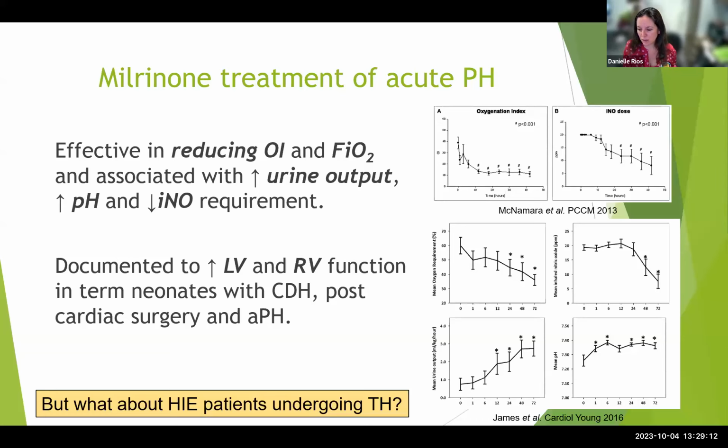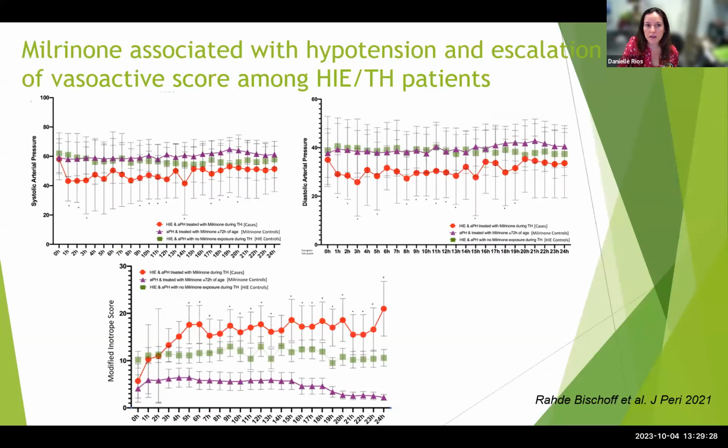But there's also the population of HIE patients who are undergoing therapeutic hypothermia, who we know also sometimes have intrinsic increased pulmonary vascular resistance that is then worsened once they are cooled. In that case, there was a study that showed that milrinone was actually associated with hypotension.